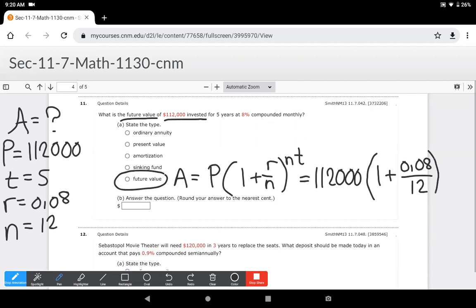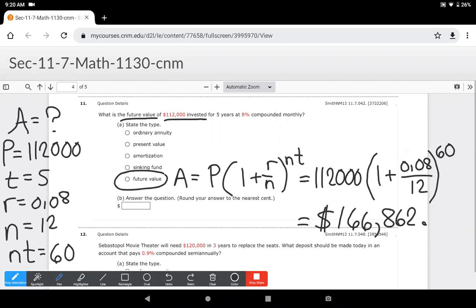And then this is raised to the, we didn't do NT, but NT is 5 times 12. 12 times 5 is 60. I'm going to stick this into the calculator. I get 166,862.72.